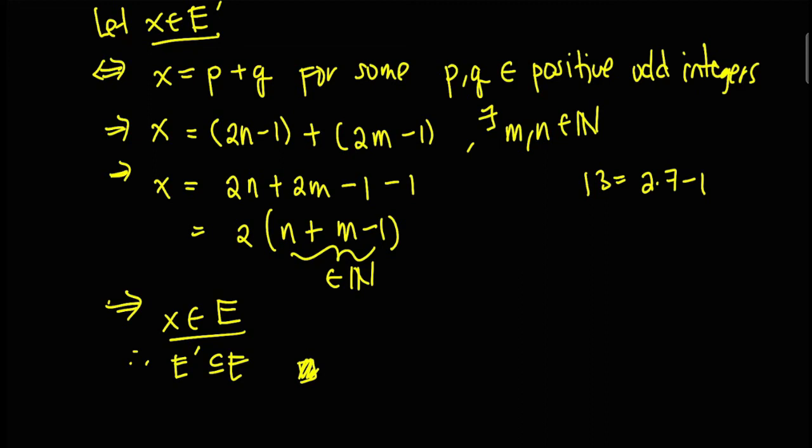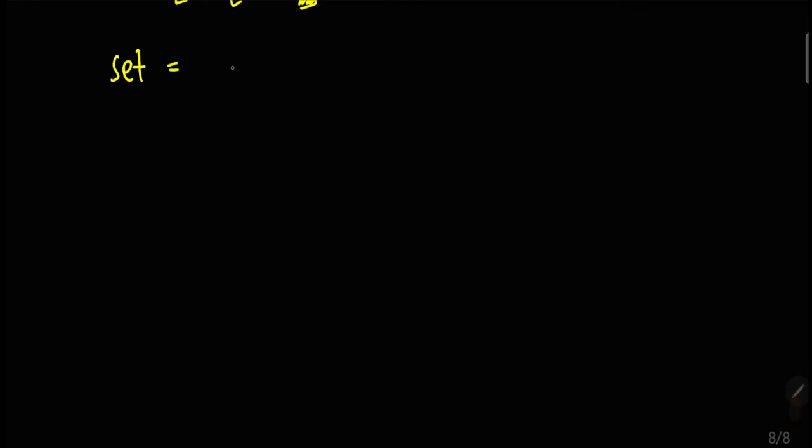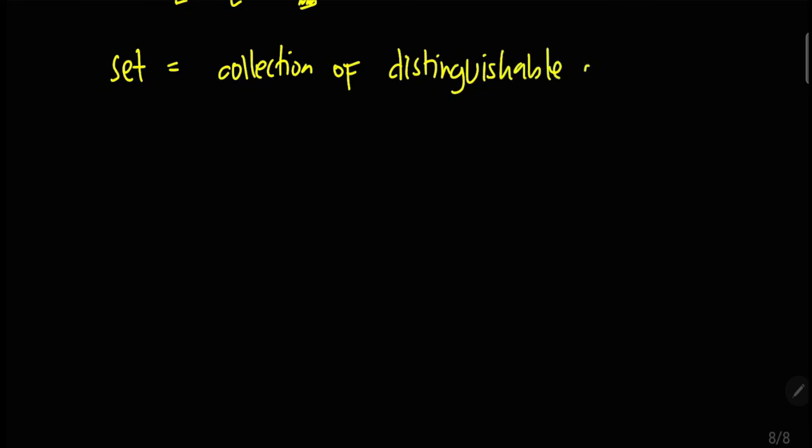So that wraps up our discussion about set and subset. A few notes to remember. A set is a collection of distinguishable objects.